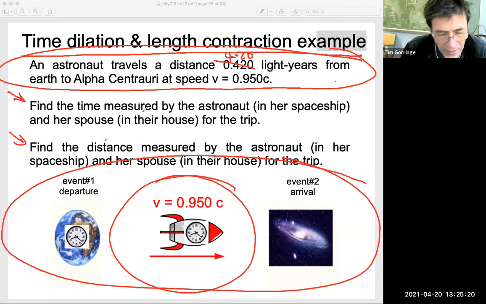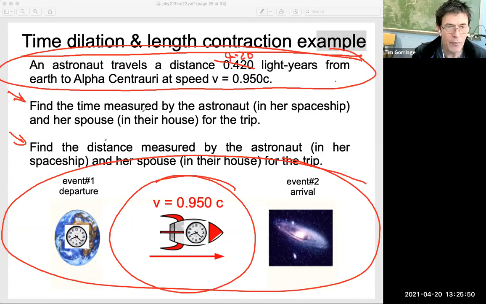First one is find the time measured by the astronaut, and she's in the spaceship for the trip, and the time measured by her spouse, who's at home for the trip. So imagine my spouse is an astronaut, and she's gone away on a trip. I mean, I sometimes go away on trips, and she's gone away on a trip, and she's going to Alpha Centauri.